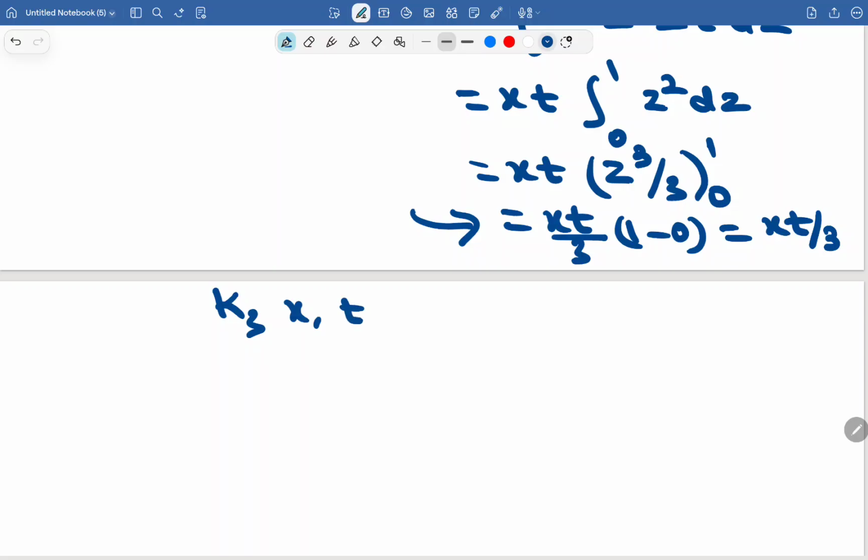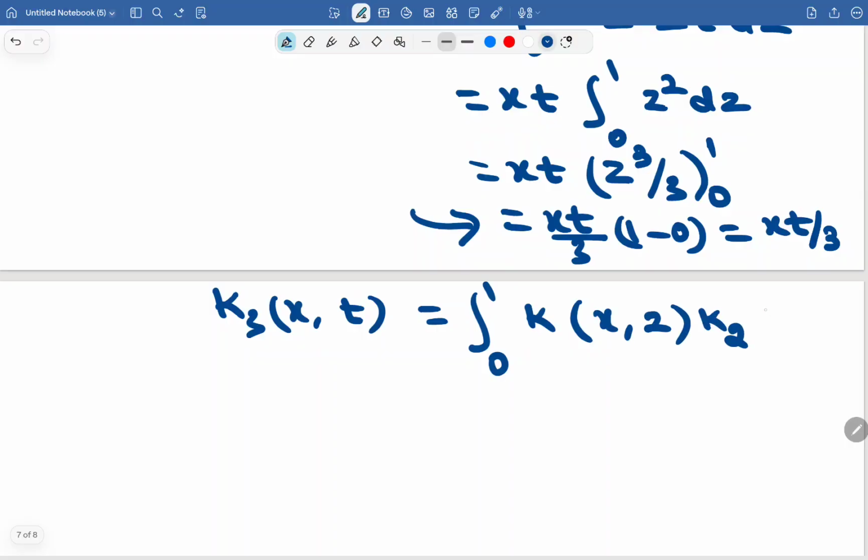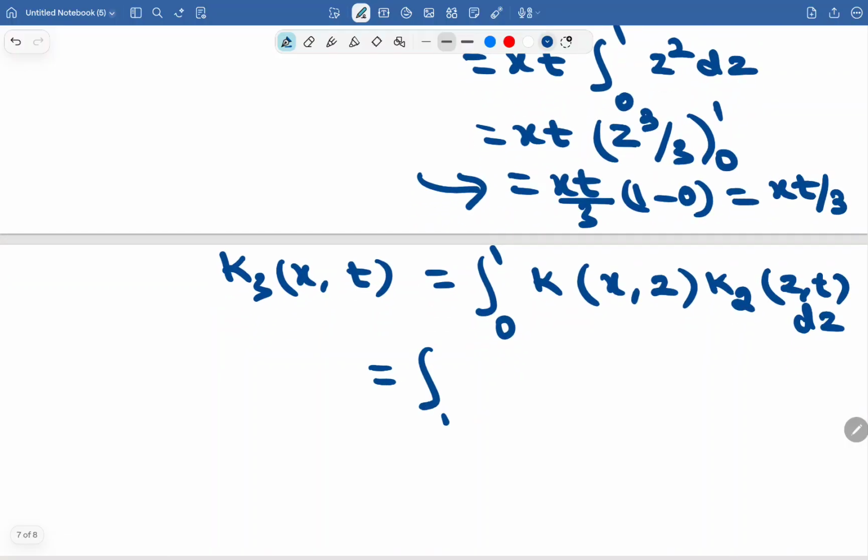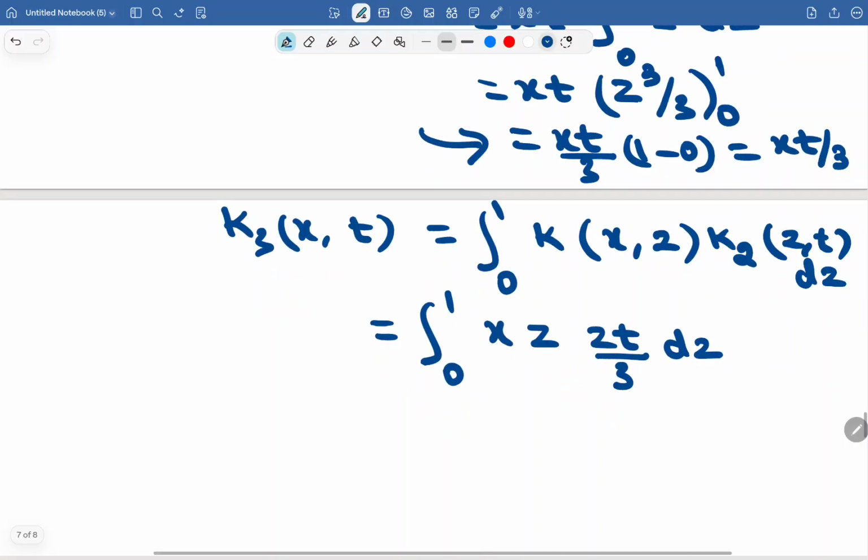k3(x, t) equals integral 0 to 1 of k(x, z) k2(z, t) dz, integral 0 to 1 of xz times zt by 3 dz.